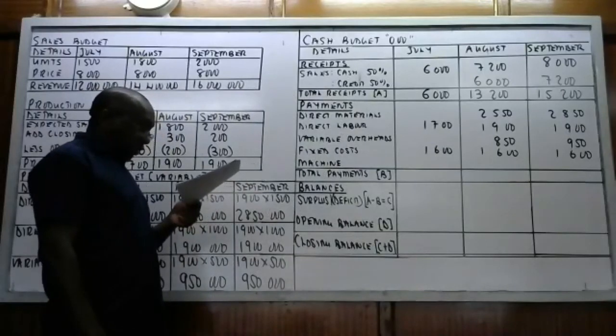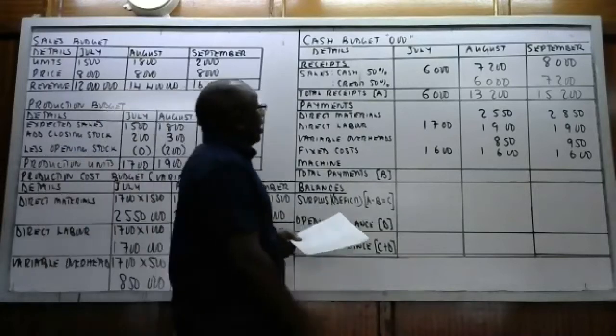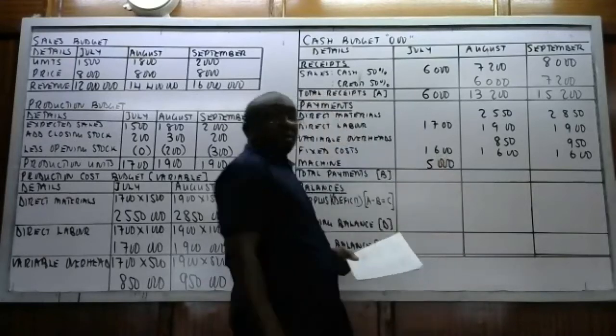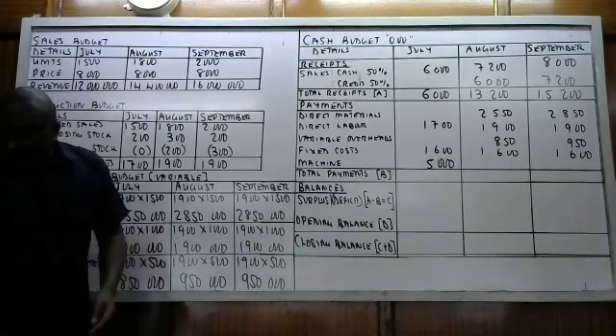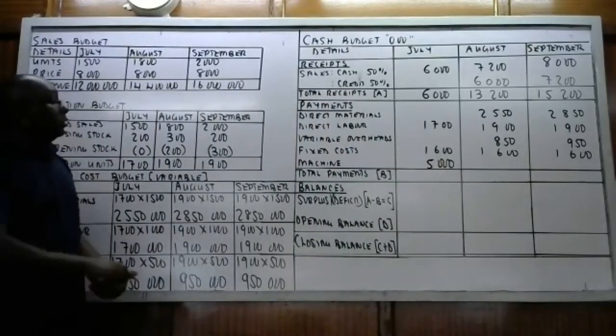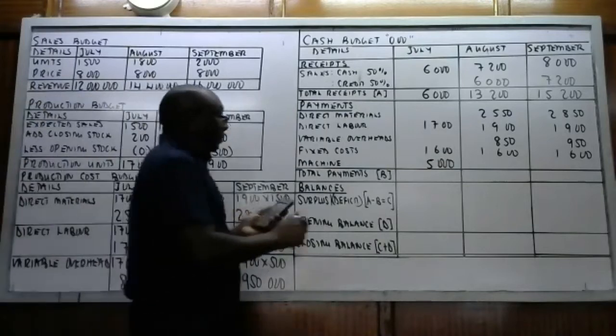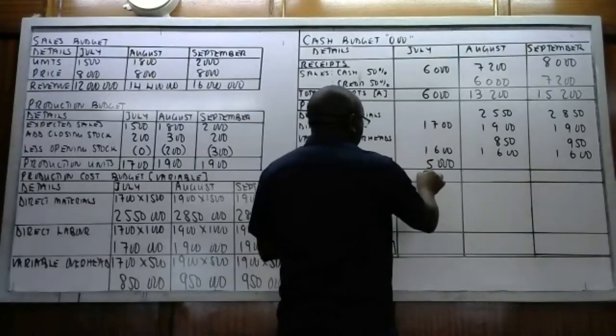Machine, according to information 10, tunailipia July 5,000. So sasa ukichukua calculator utasema 1,700 plus 1,600 plus 5,000 means 8,000.